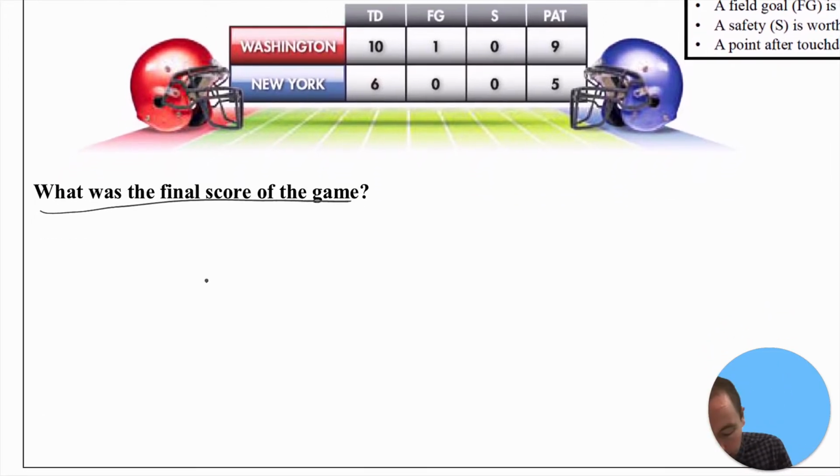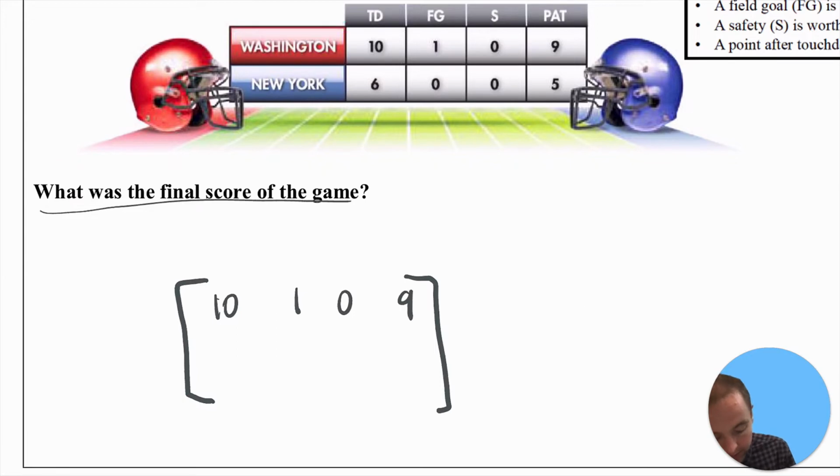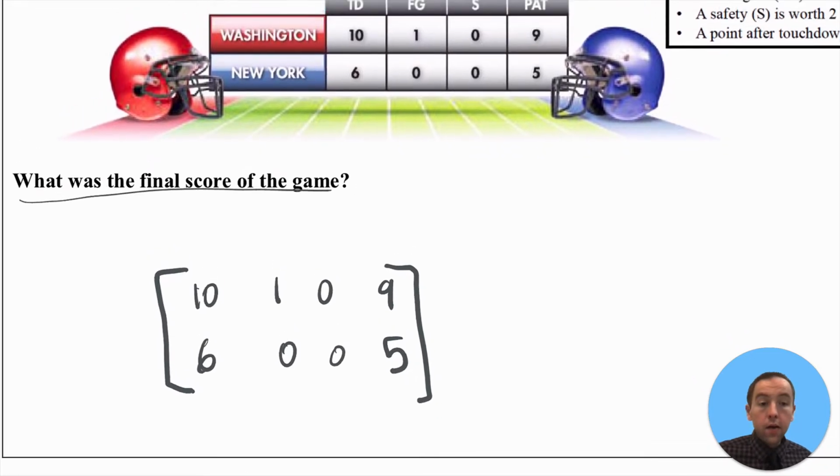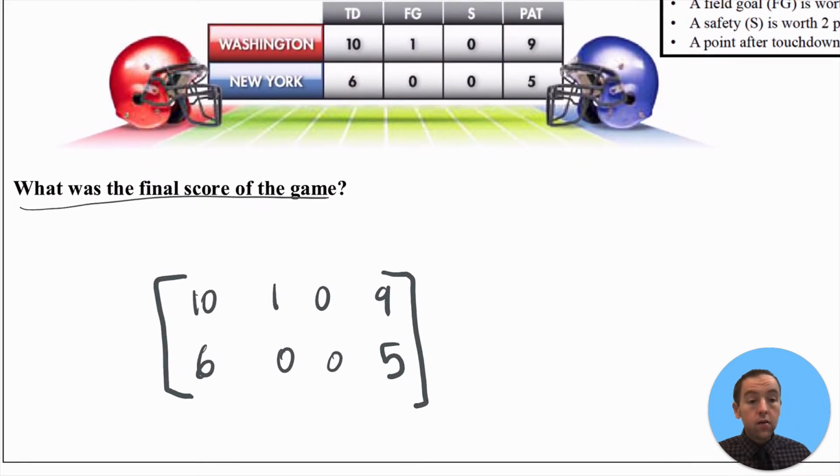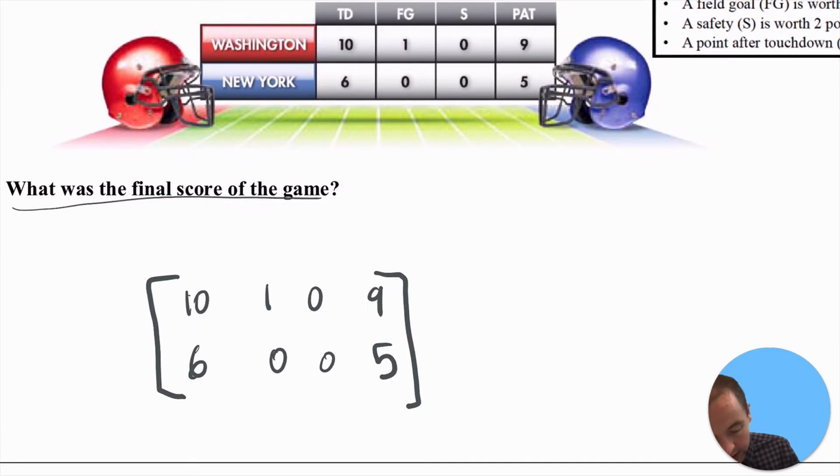So I'm going to create a matrix, and the labels are going to be really important for you to understand why matrix multiplication works as it does. Obviously I put numbers, but the labels and the organization are really critical to what's going on here.